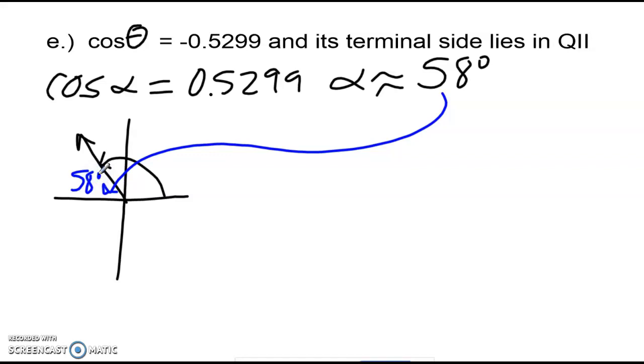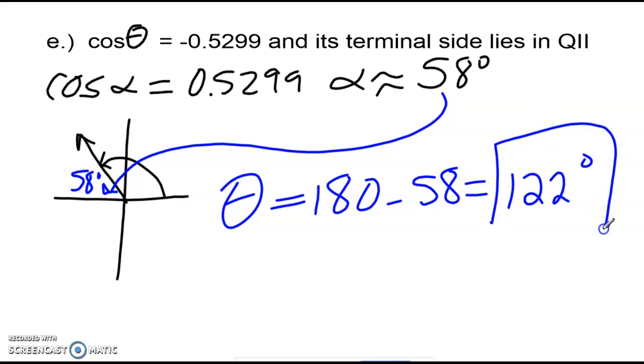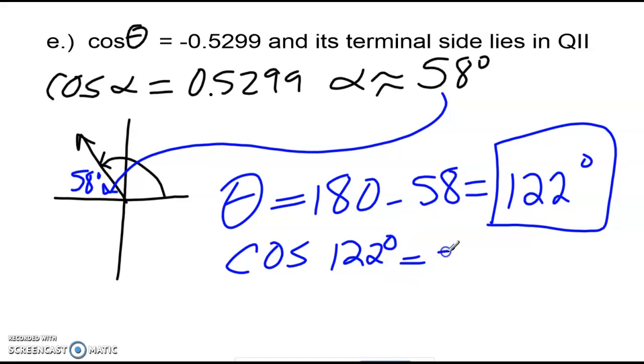So then to find our angle theta, we're going to take 180 minus that 58 degrees, and I believe that's 122. Okay, so let's just check, and well, that's what we think theta is. So let's figure what is the cosine of 122. Hopefully it is close to it is? Yep. Okay. So then that's our answer.